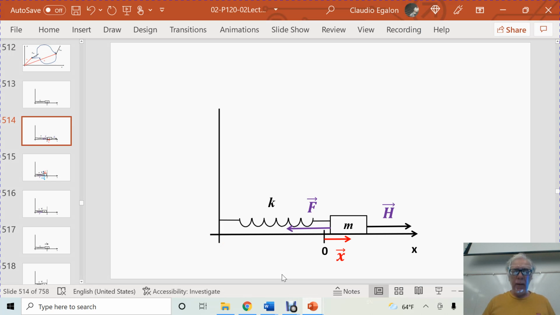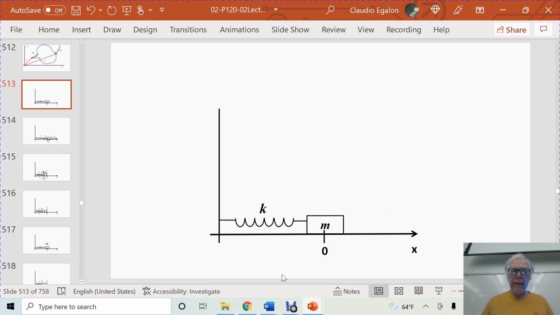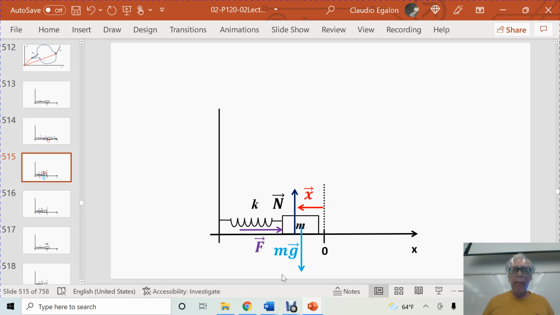Here you go. The work is still going to be negative. You start here, end up here, final position again. I am compressing the spring. My hand is doing positive work, but the spring is doing negative work. It's resisting the motion, just like the frictional force. But the weight and the normal force are going to do zero work on this guy.